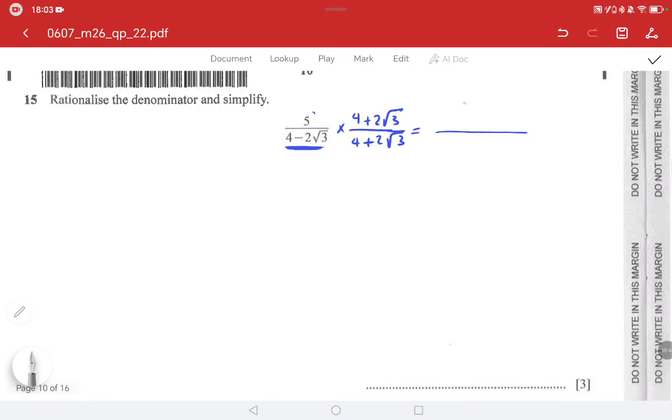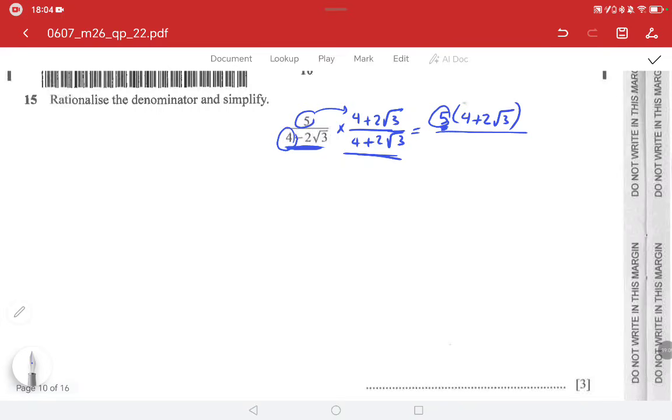Okay, so 5 times all this bracket, 5 times 4 plus 2 square root of 3. Look, I didn't expand now because I may cancel something. I'm waiting, okay? Because sometimes you need to simplify this one. So let's see. Okay, now if you look at this one, it's like a difference of 2 squares. Like they are similar but different sign.